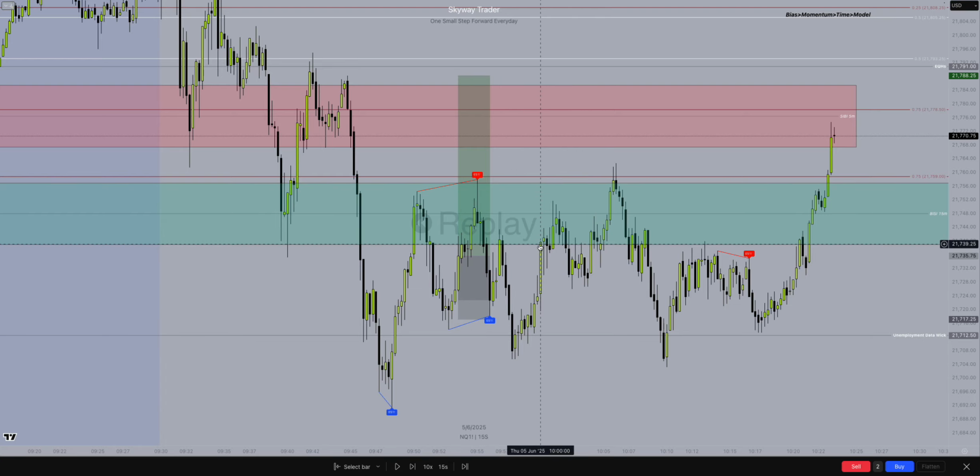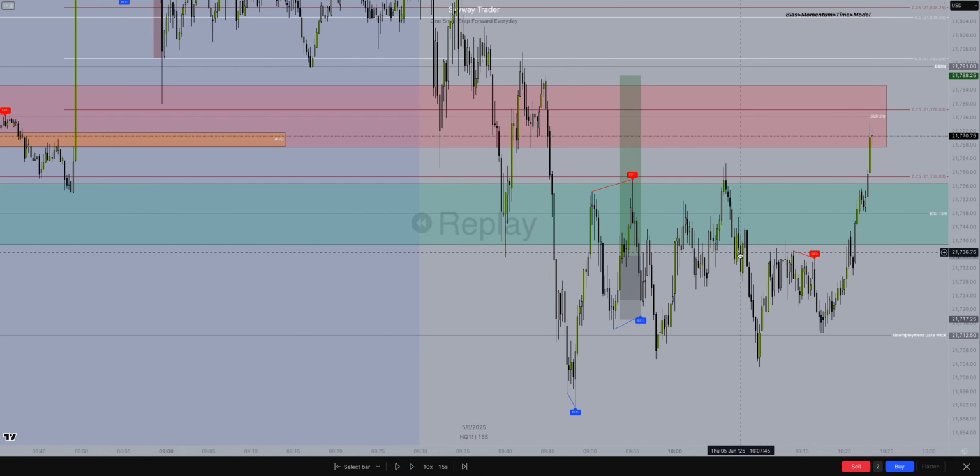We have the momentum, but we don't have the model per se. Time's there, bias is there. But again, short-term bias is short-term. So you could take this, but you got to be really nimble. If I entered here, as soon as this crossed, which it did, I would have gone break even and I would have got stopped out. So that's it, really short trade.